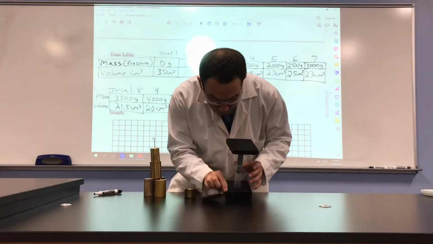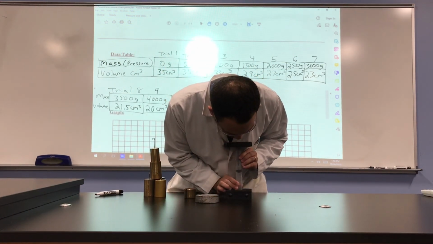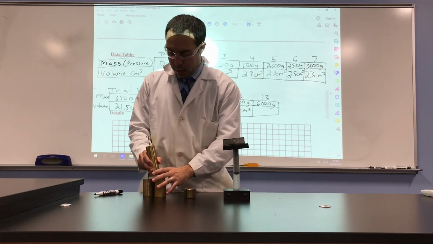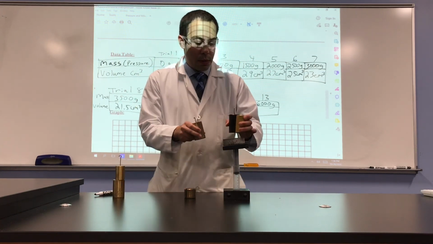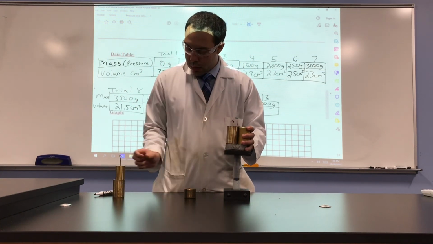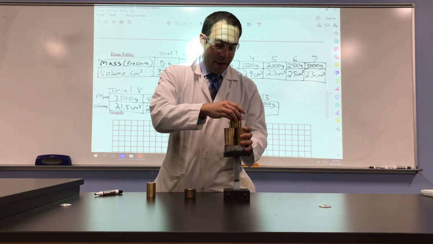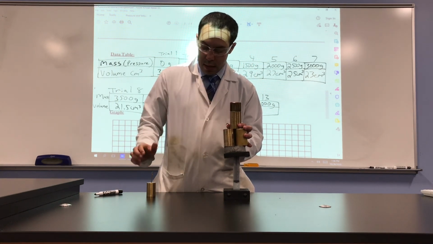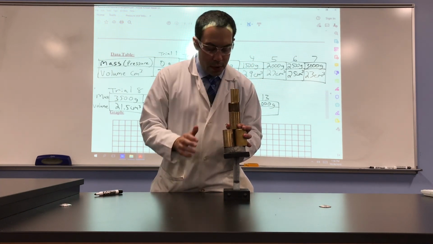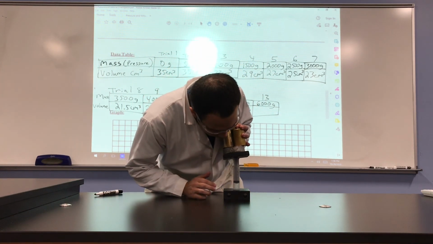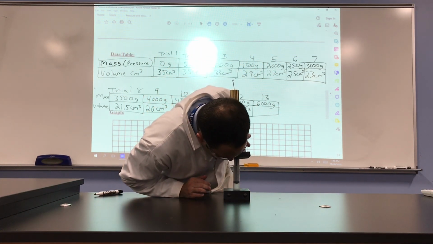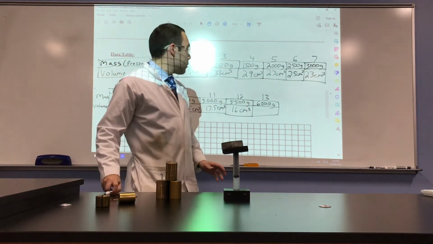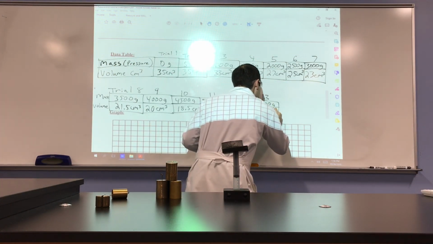Let's reset our syringe apparatus. 1,000, 2, 3, 4,000, 5,000, 5,500, 6,000, and we have exactly 15 cubic centimeters. 15 cubic centimeters.